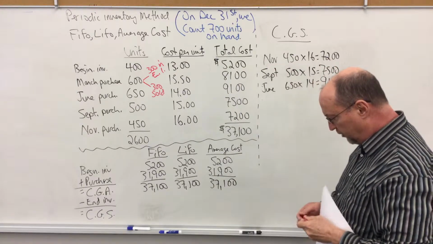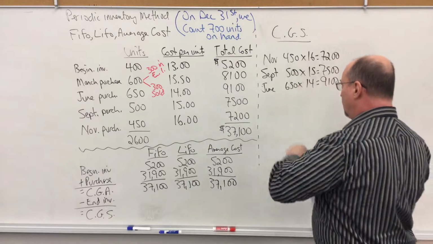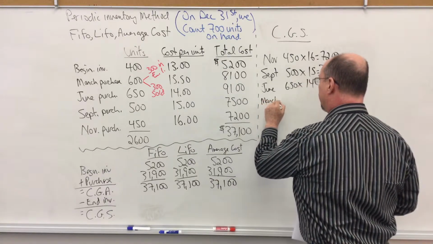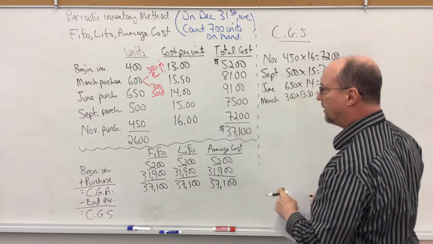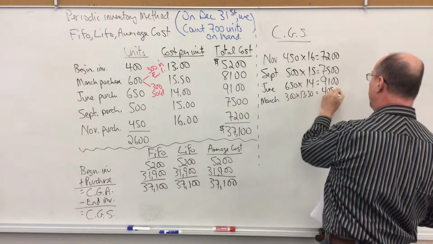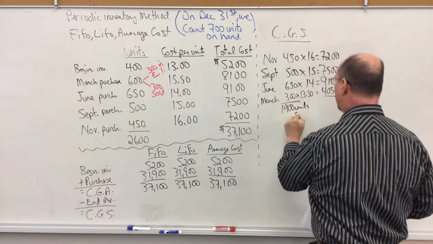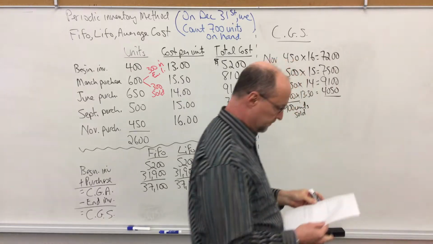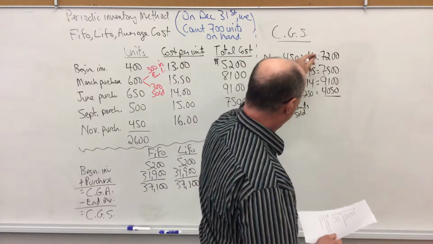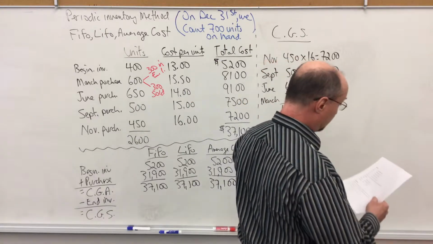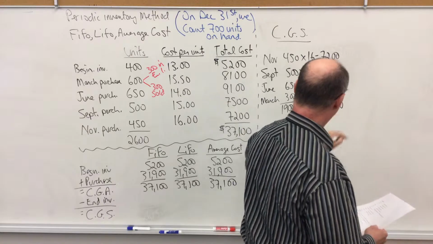So the March units, 300, we paid $13.50 each. That comes to $4,050. And here's the 1,900 units that were sold. Okay? 1,900 units sold. And if we add up the dollar amounts, our cost of goods sold came to $27,850.